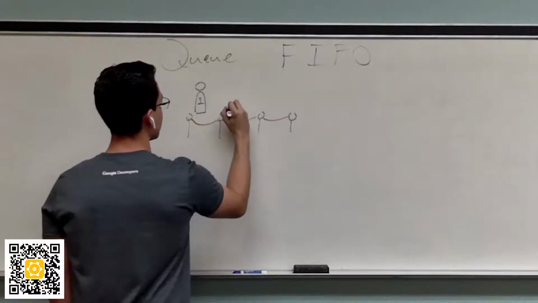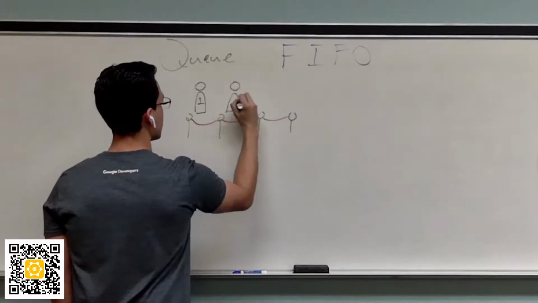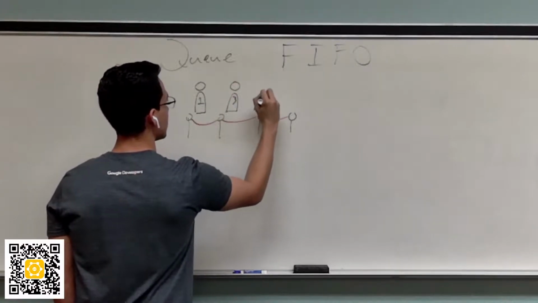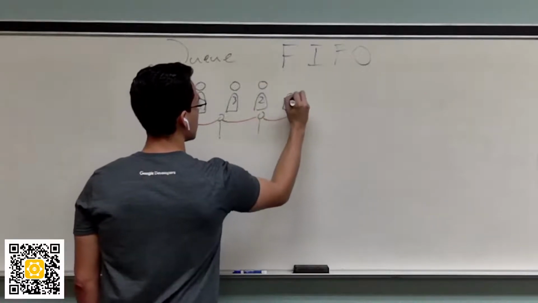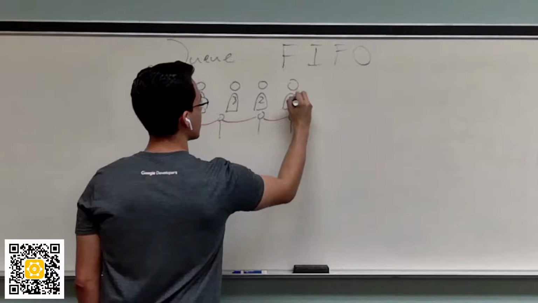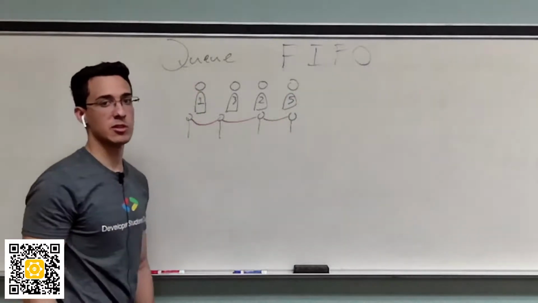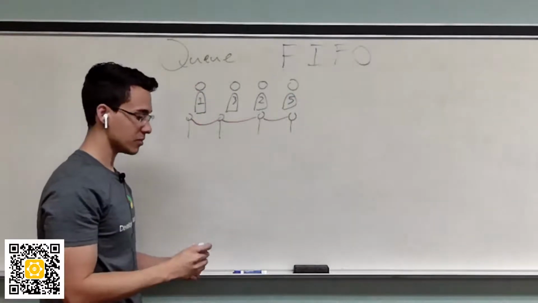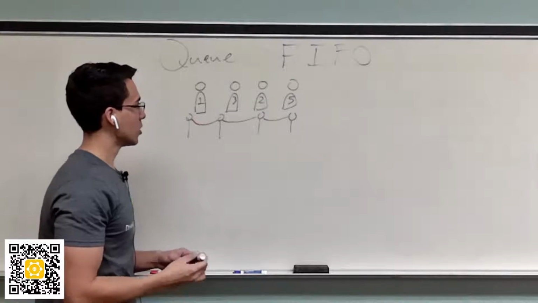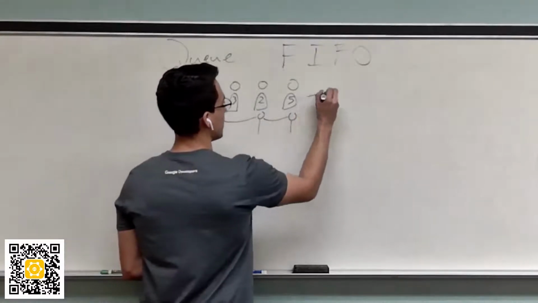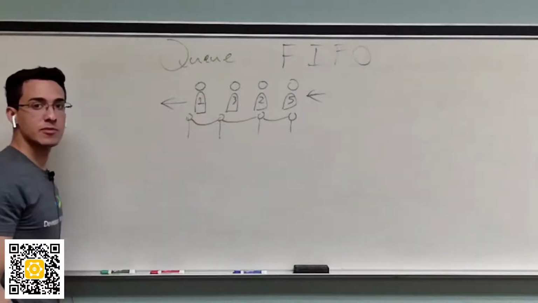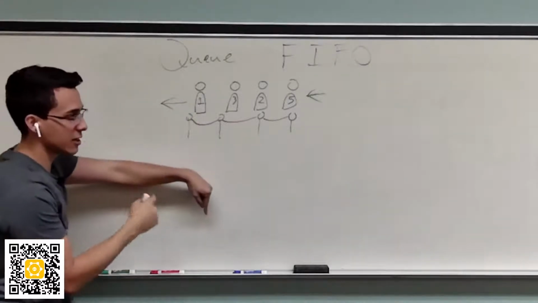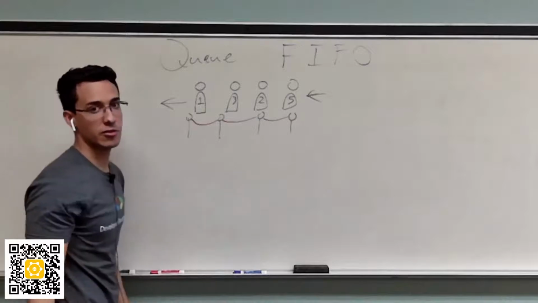Person number 1, person number 3, person number 2. The numbering is arbitrary. I just gave them random numbers to differentiate them. Okay? So they come in like this, and they go out like this. Versus with the other one, they come in like this, and they go out like this, right?